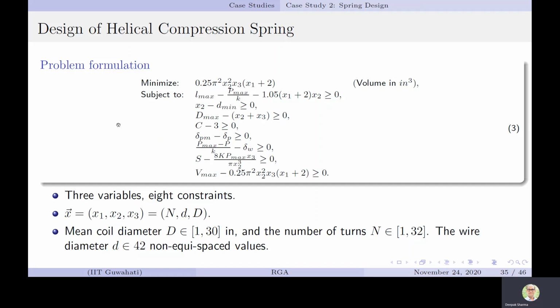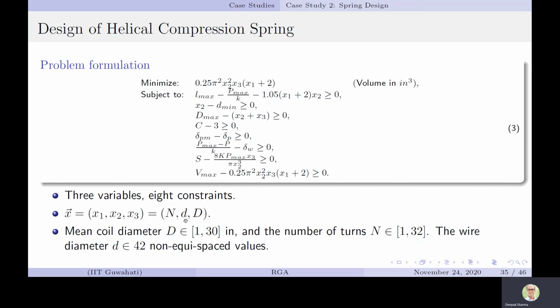Now there is another problem called the design of a helical compressive spring. In this case, we want to minimize the volume of this. This problem is subjected to various constraints. The difficult part is that we have 3 variables and 8 constraints. Of these 3 variables, N, the number of turns, is an integer value.